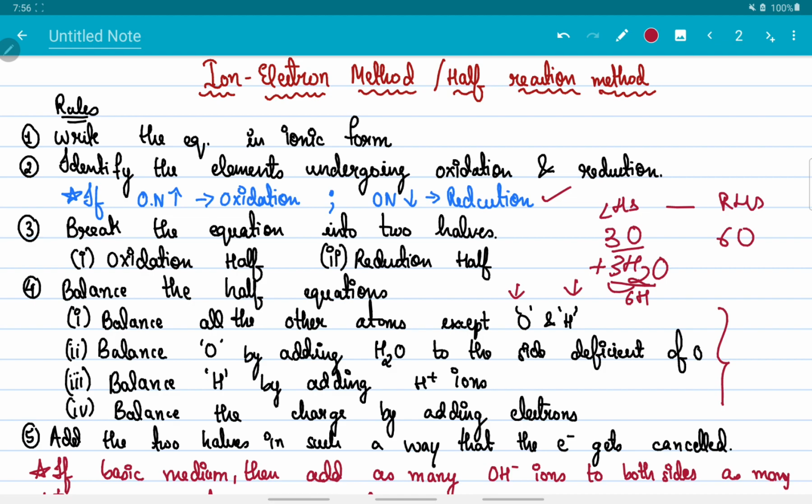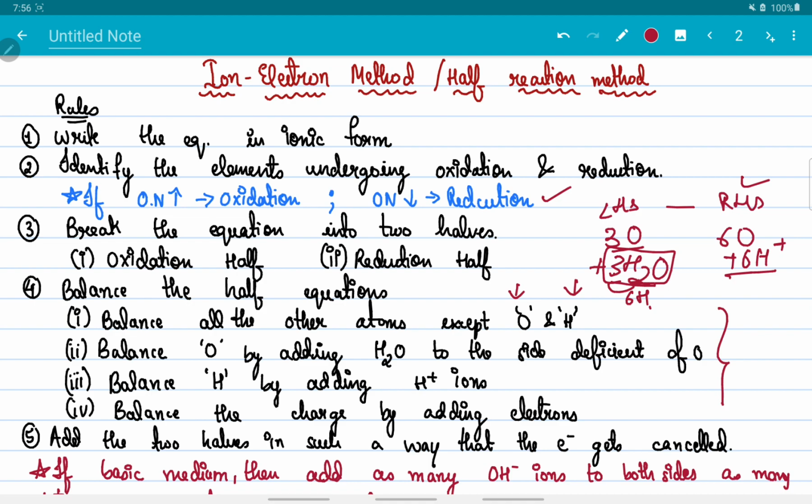Now on the RHS I don't have any hydrogen, so I'll be adding 6 H+ ions over here, so that on both the sides there will be 6 hydrogens. This side I had 3 H2O, but this side I didn't have any hydrogen, so I added 6 H+ on the RHS so that the hydrogens are balanced on both the sides.